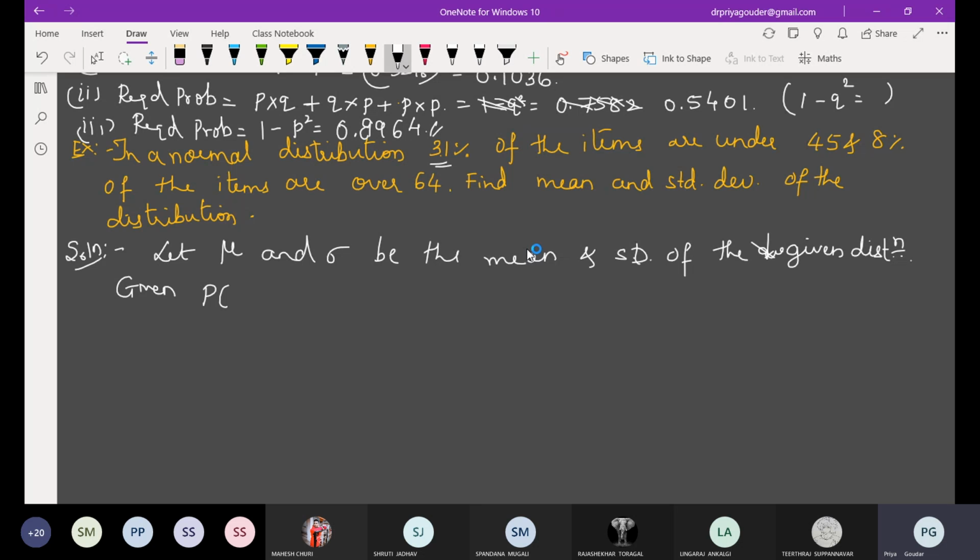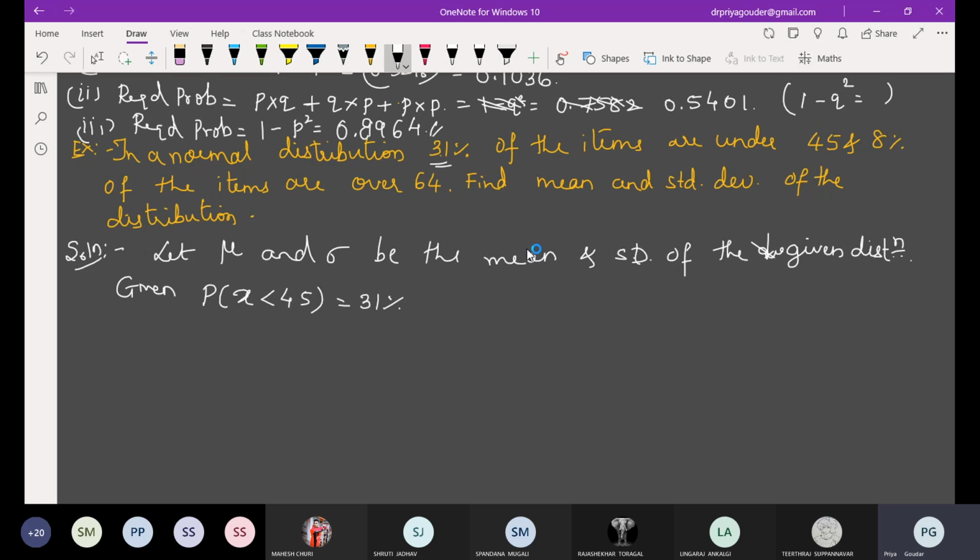Whenever it is a normal distribution, the values given will be for X. If it is standard normal, then Z. So under 45 means X less than 45. Under means we have to take less than, obviously. So this probability value is given as 31%. Hope you understood. Tell me yes or no, please.